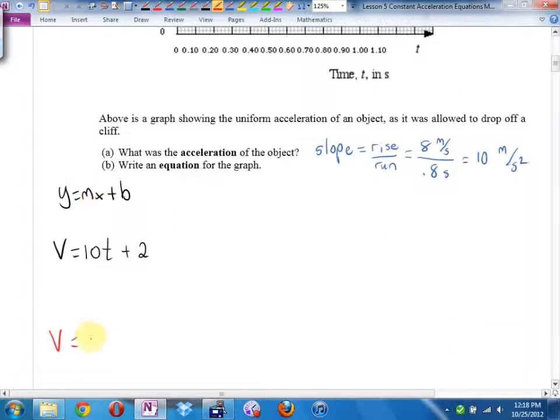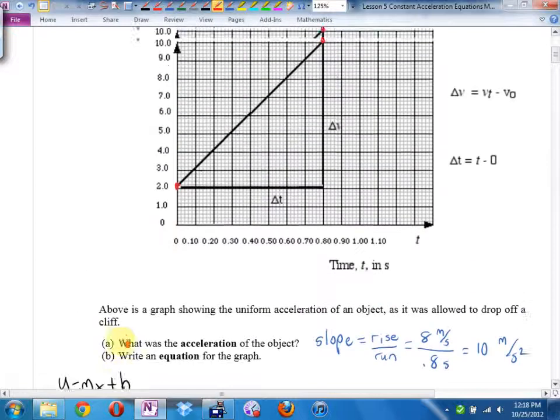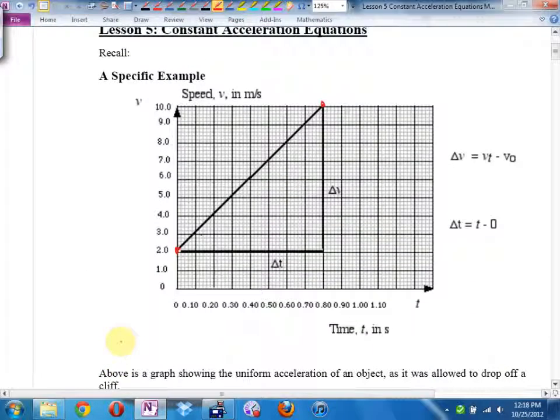Acceleration. Plus. And what does that 2 mean? What would you call that? If I said, tell me what it means in real life, you would say, oh, that means that at time 0, the velocity is 2 meters a second. What do we call the velocity at time 0? We've given it a special name. I heard it. What?